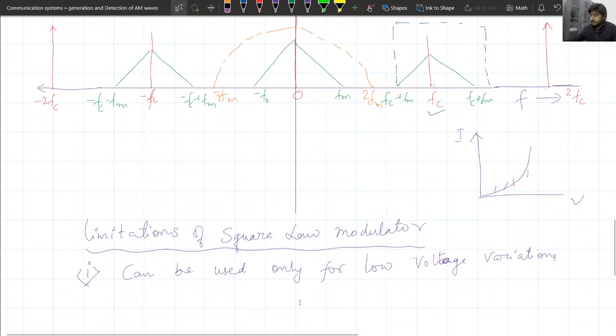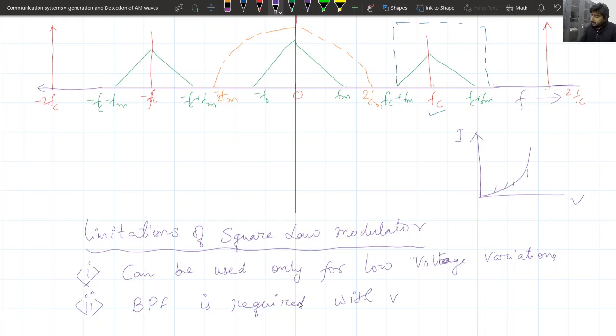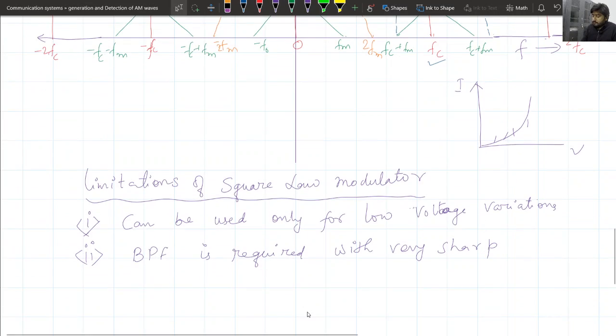And second thing, you would require a band pass filter with very sharp cutoff frequency.